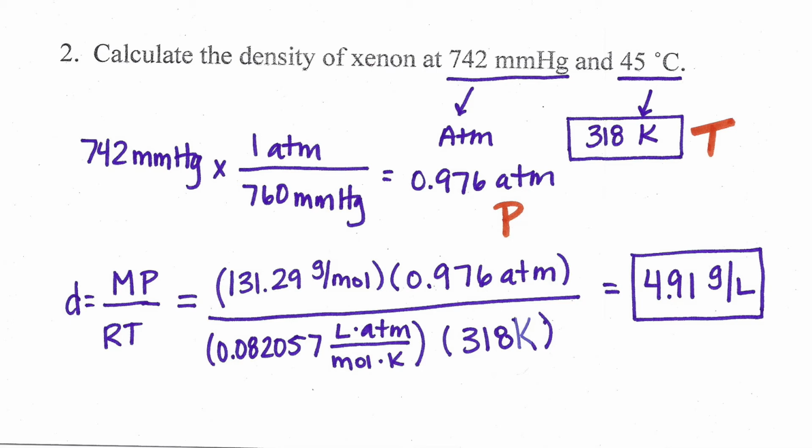When we do that, we get 0.976 atmospheres, which is the pressure we will plug into our equation. We will also need to convert our temperature of 45 degrees Celsius to Kelvin. And when we do that, we get a temperature of 318 Kelvin, which is the temperature that we will plug into our equation. So when we set up our equation, we have the molar mass times our pressure divided by R times T. And as you put this into your calculator, make sure you have parentheses around your denominator. And when you solve, you get 4.91 grams per liter.